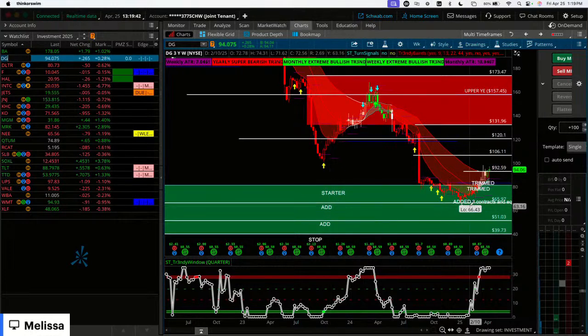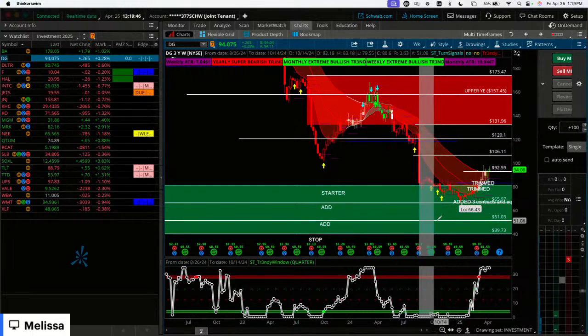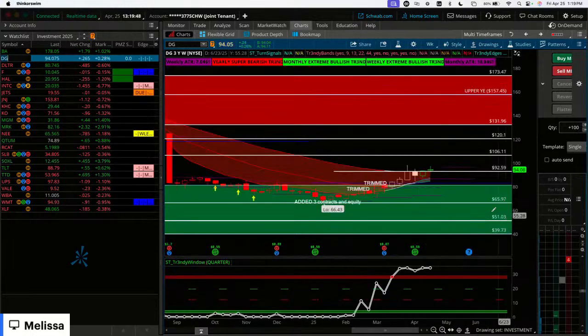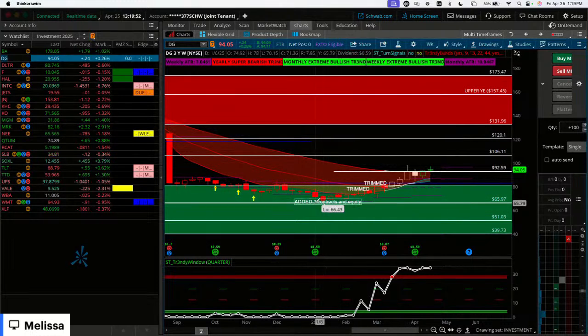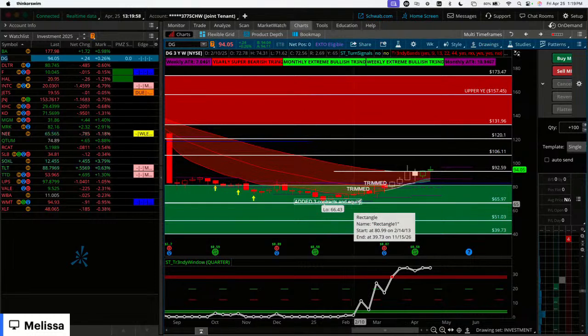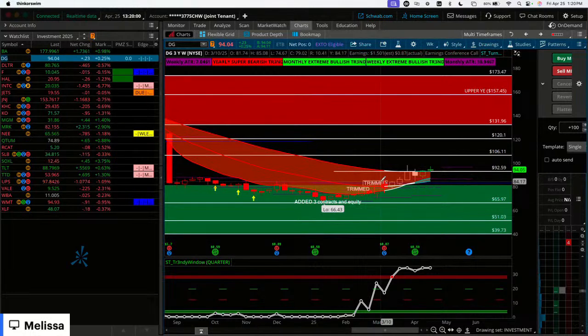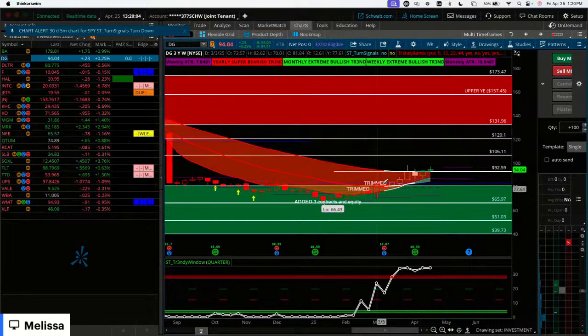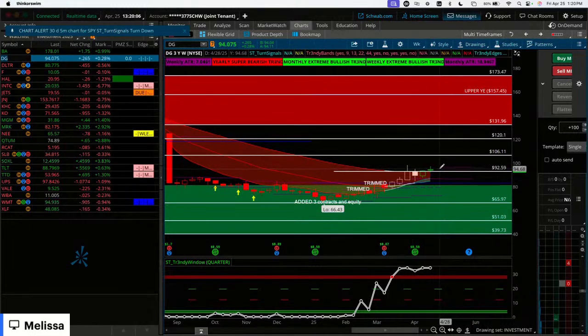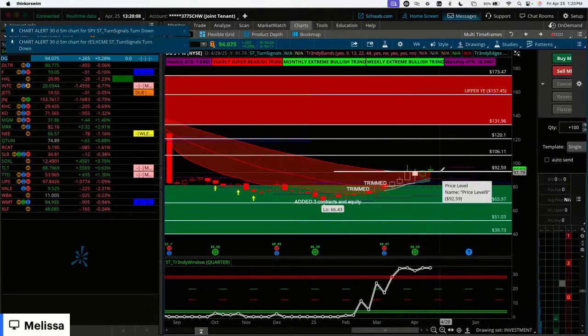Then I added 3 LEAP contracts right down here at about $66, and purchased more equity. I then trimmed my LEAP contracts as price moved up, as well as trimming my equity. My last trims came at 92.59.